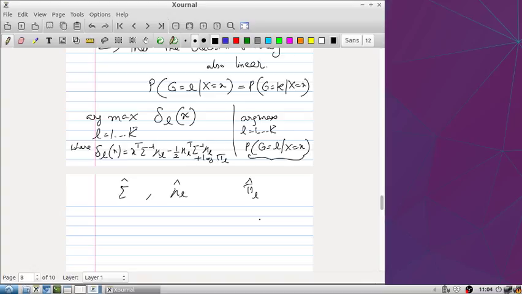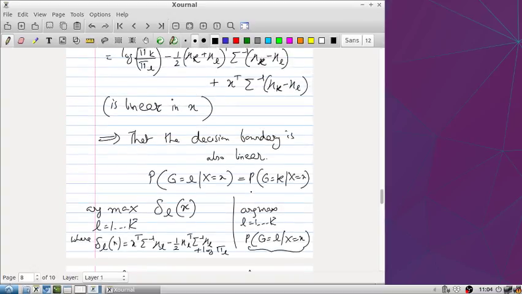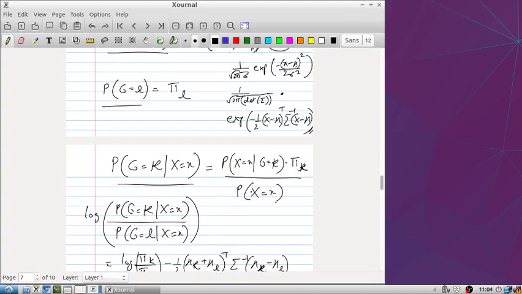Let's say pi hat of L. Pi L is saying what is the probability that the class is equal to L, irrespective of my data.